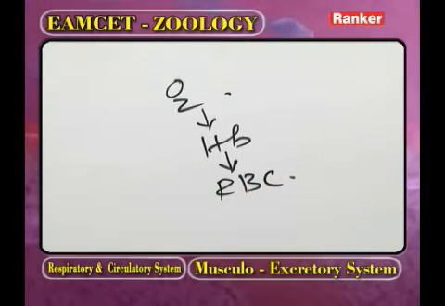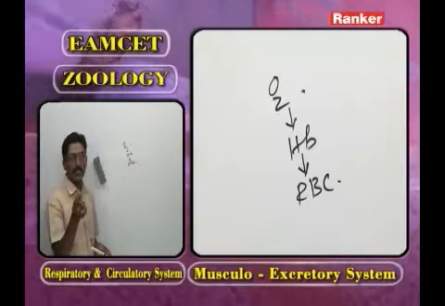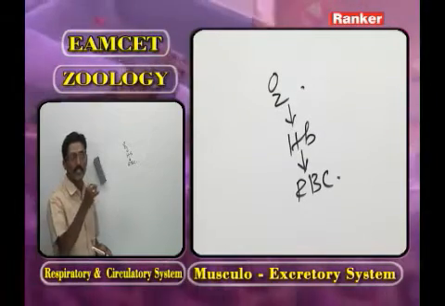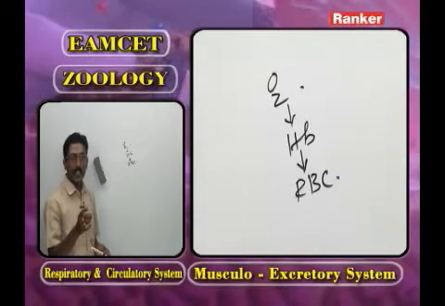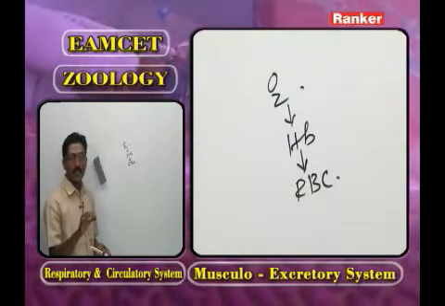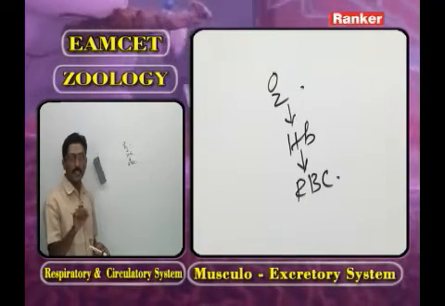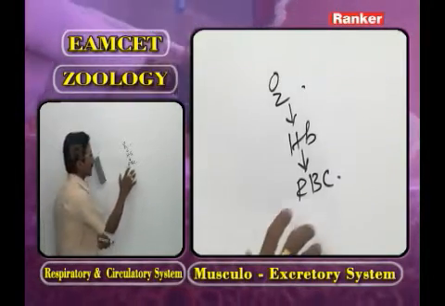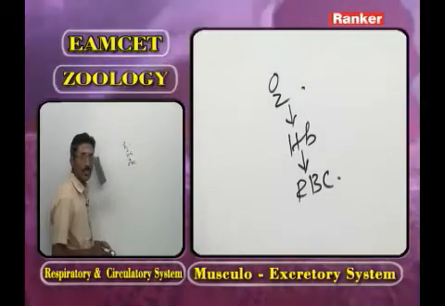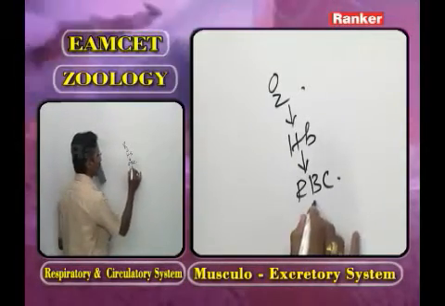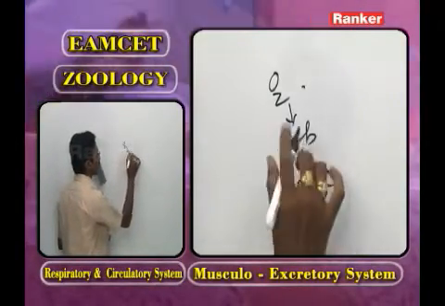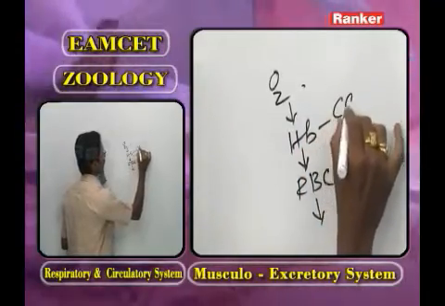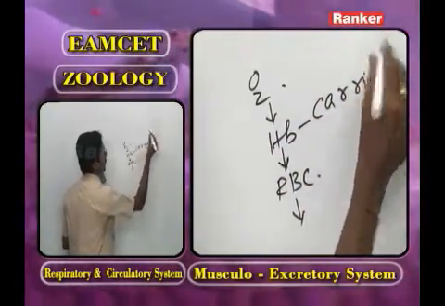But in case of invertebrates, just remember the annelida. In the annelida, though RBC is absent, hemoglobin is dissolved in the blood plasma. But in vertebrates, without RBC, there is no hemoglobin. The oxygen is carried by hemoglobin. Hemoglobin is said to be oxygen carrier.